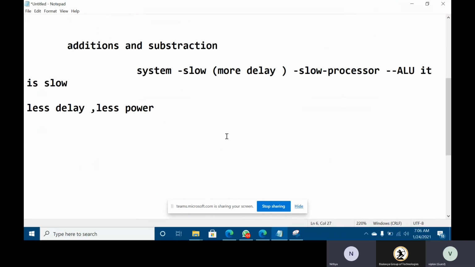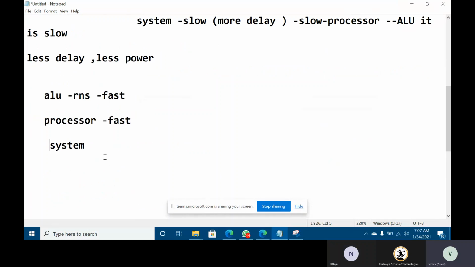That's why we go for a new ALU designed with RNS, which is fast. This ALU will be implemented in the processor, the processor will become fast, and the system will become fast. This is the idea behind it.